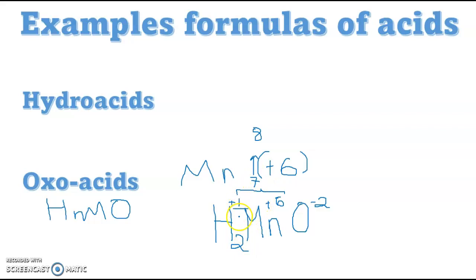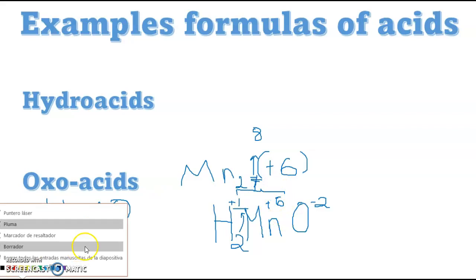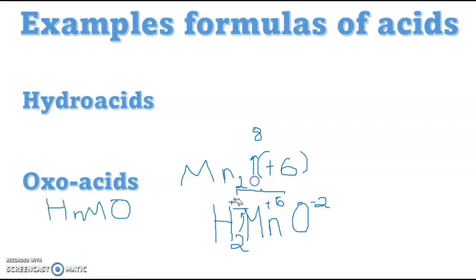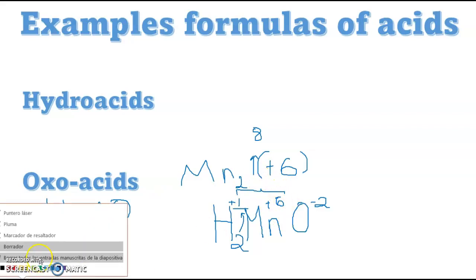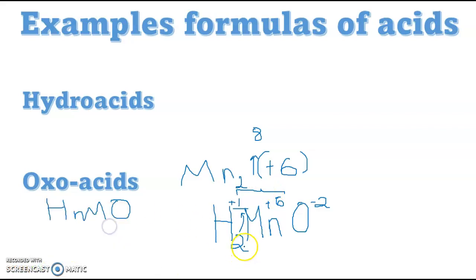Once I do that, this is going to be 2 times 1, that's 2, plus the 6 that I have in here, that's going to be equal to 8. So from hydrogen, I have 2 times +1 plus the 6 in here, that's going to be equal to 8.